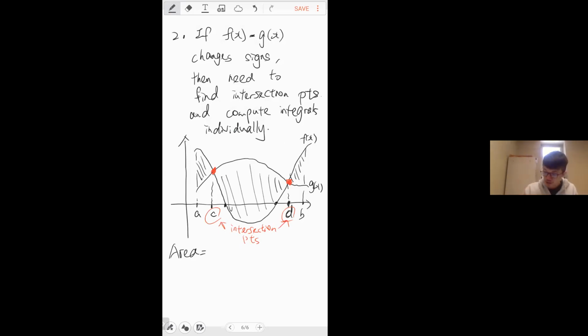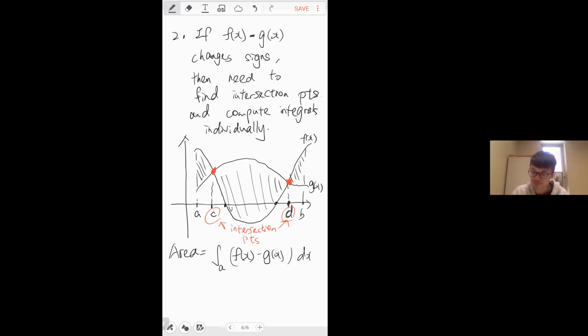And so on the region from A to C, which one is top, which one is bottom? Okay, f of x is top. So from A to C, you would do f of x minus g of x.